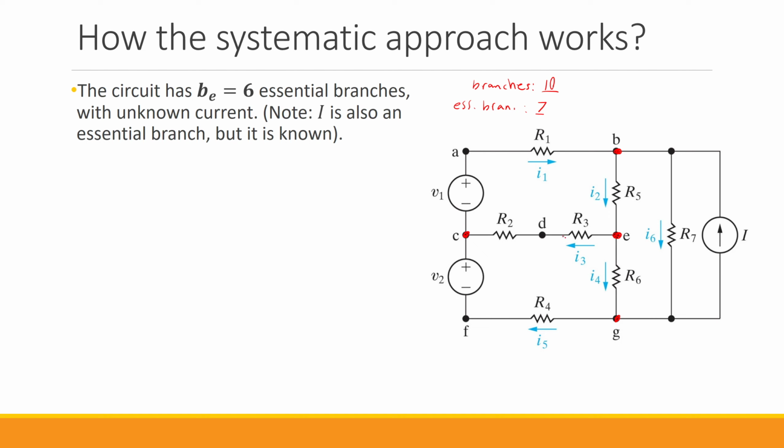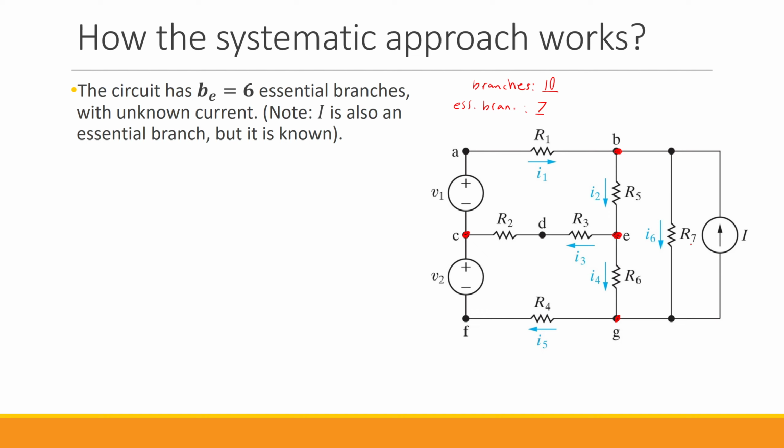This is another one. This is another one. This R5 is an essential branch. This R6 is an essential branch. R7 is an essential branch, and this independent current source is another essential branch too. So overall we have 7 essential branches.